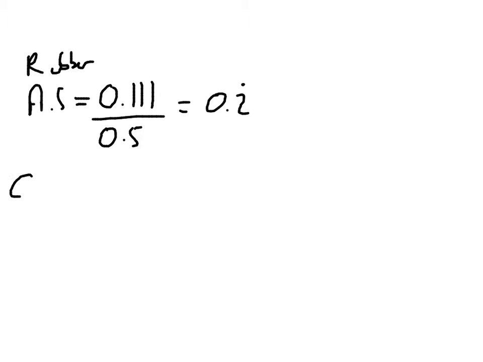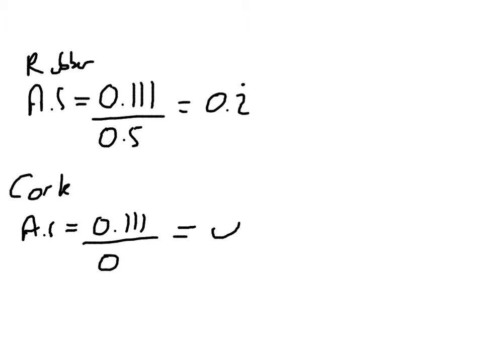And similarly for cork, the axial strain is going to equal 0.111, the maximum transverse strain we can have, over 0, which is going to give you an infinite axial strain.